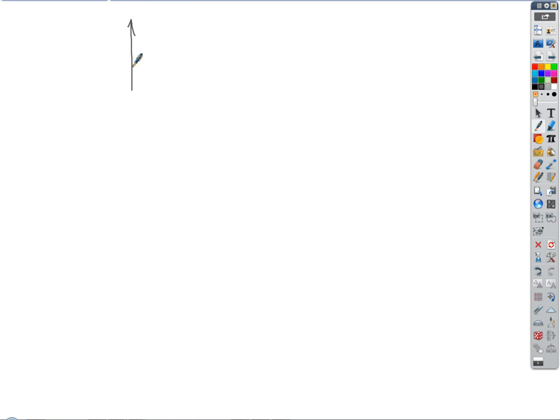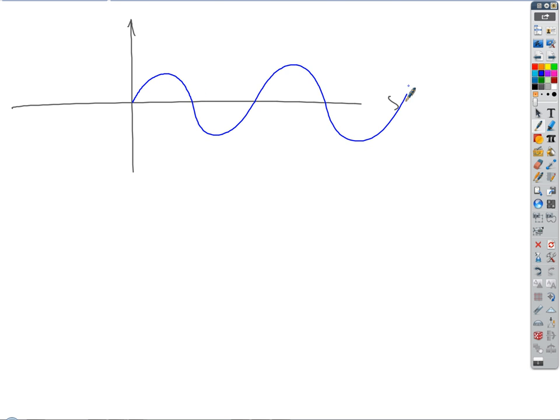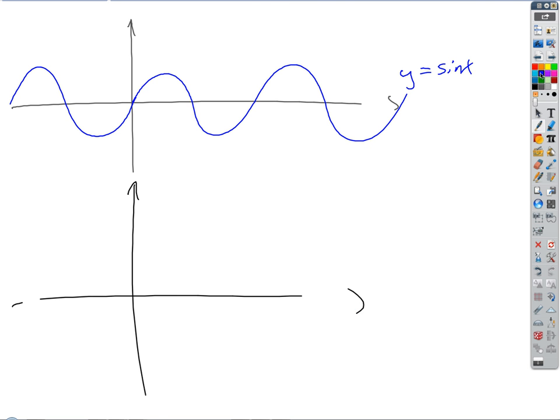So let's look at a sine function. There is y equals sine x. And let's look at something like a downward opening parabola.